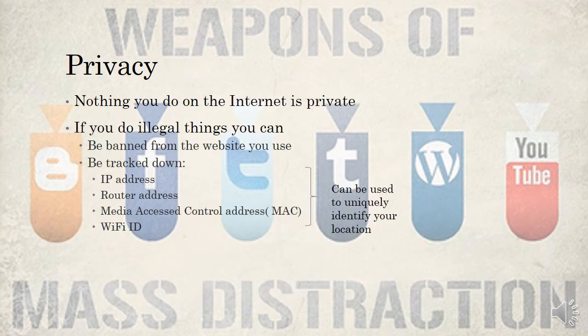So nothing you do on the internet is private. If you do illegal things, you can be banned from the website you use and you can be tracked down. Your IP address or your router address or your media access control address, which is called the MAC, or your Wi-Fi ID, all of these can be used to uniquely identify your location.